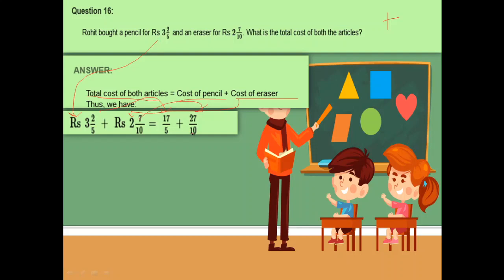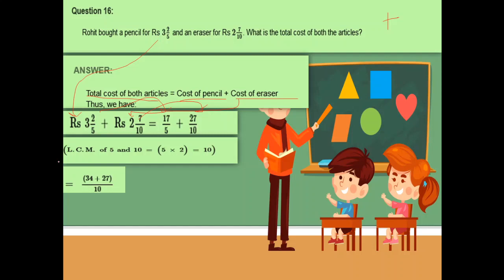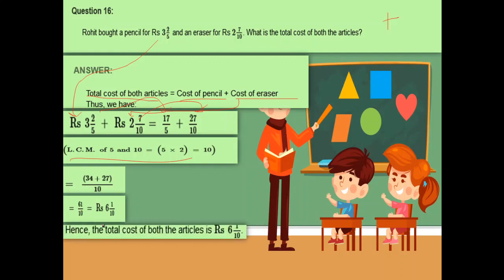Next, here I have to find the LCM and then 34 plus 27 over 10 is 61 upon 10, which equals 6 1 upon 10. Hence the total cost of both articles is rupees 6 1 upon 10.